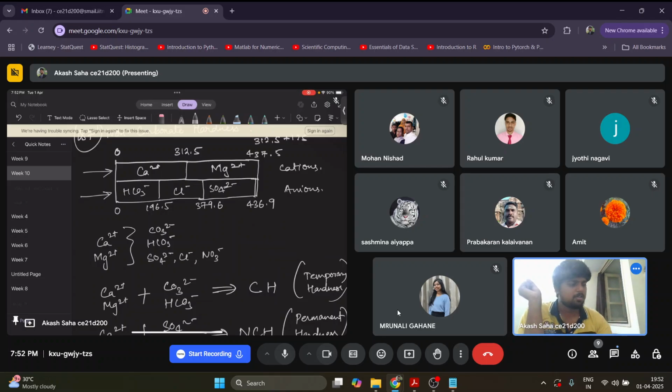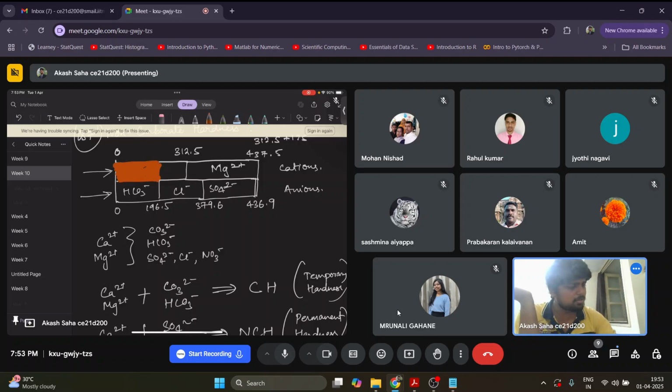So in this system, what is the amount of carbonate hardness? Can you tell me? 196.5, because we only have 196.5, and totally this region will be my carbonate hardness. So this region is my carbonate hardness.